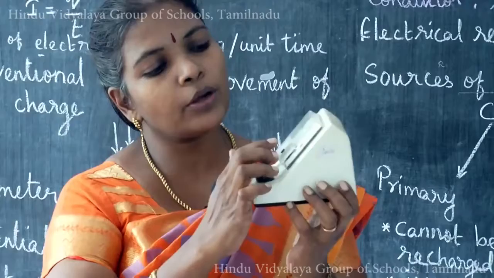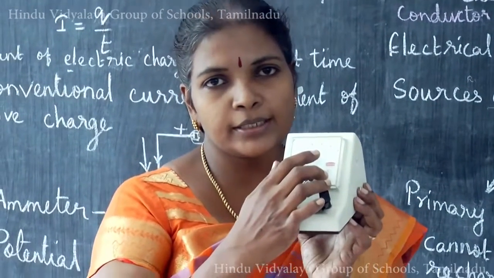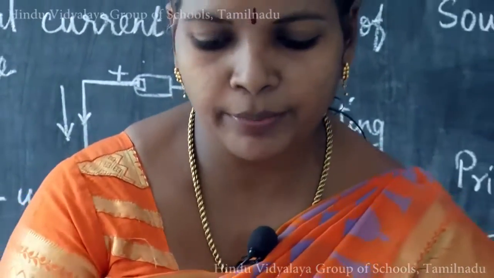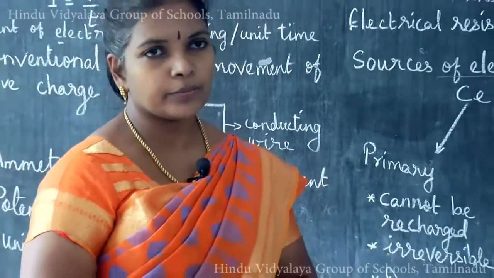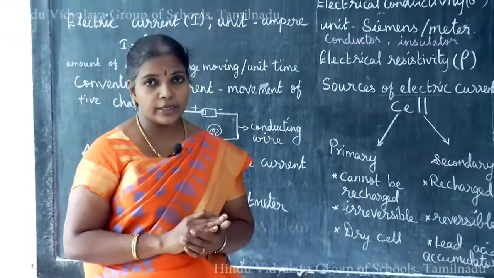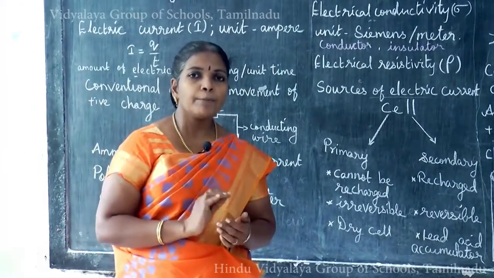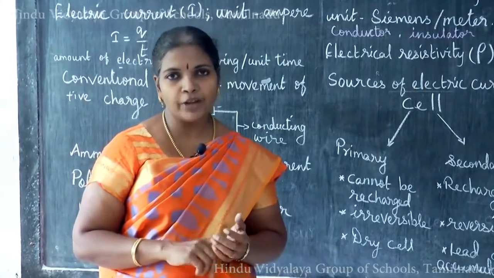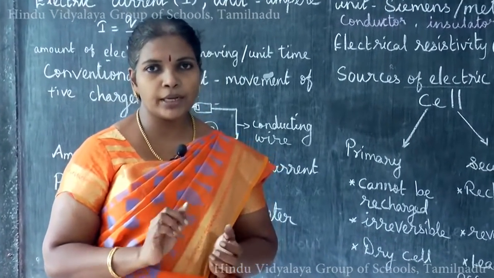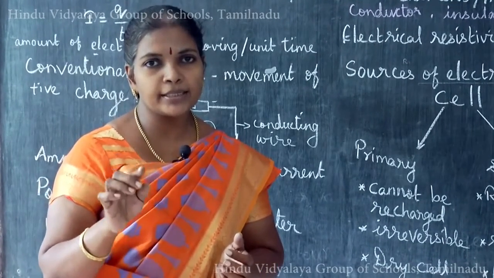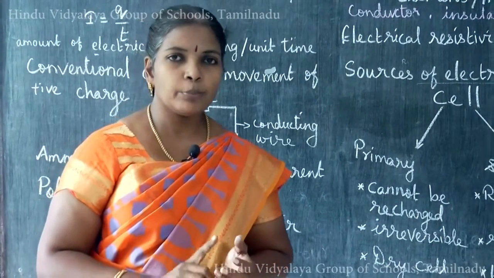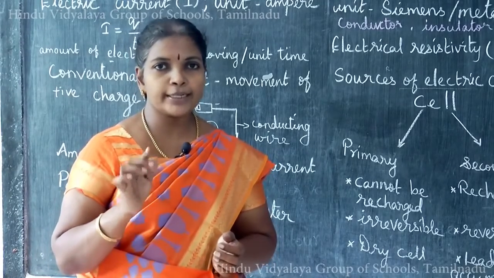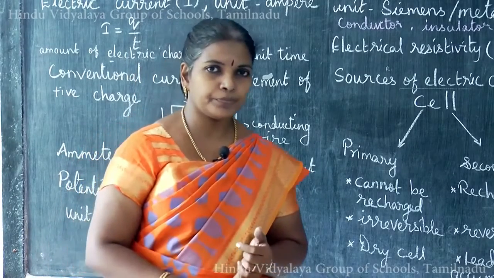Here the symbol of the unit is marked as capital A. Then, to measure feeble current in an electric circuit, there are ammeters which are calibrated in milliampere and microampere. What is the value for milliampere? 1 milli is 10 power minus 3 ampere. And microampere, what is the value for 1 micro? Very good, 10 power minus 6 ampere.